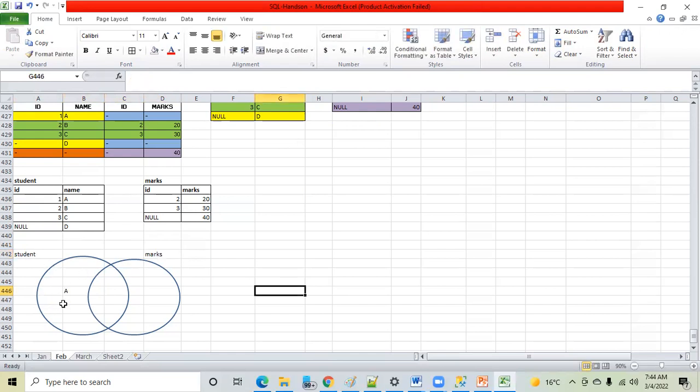I want area A. So from the student table, which records come under area A? First of all, tell me this. 1, 2, 3? Sorry, 3 will come. 1 and null we can have. Correct, 1 and null.